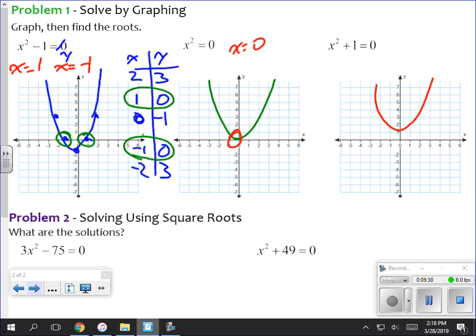No. Which would mean there's no solution. There's no answer. Doesn't work. Although, in Algebra 2, we do come up with an answer for that problem. It's imaginary. We have imaginary answers. Okay.